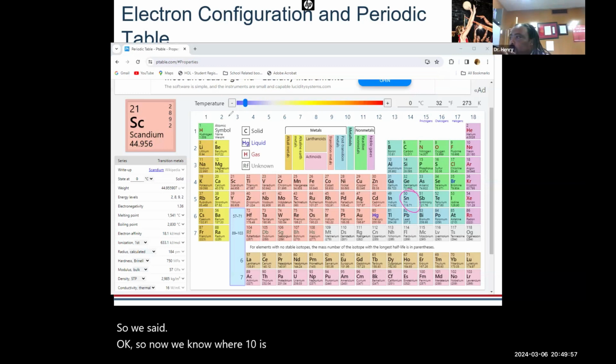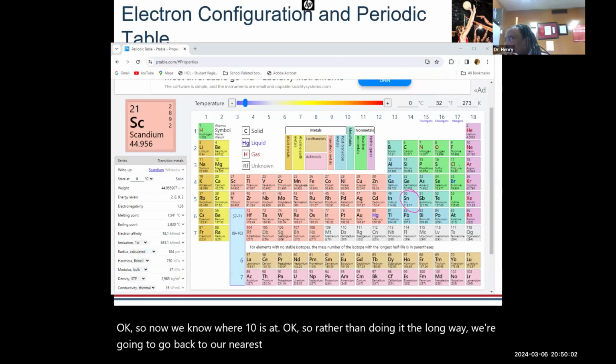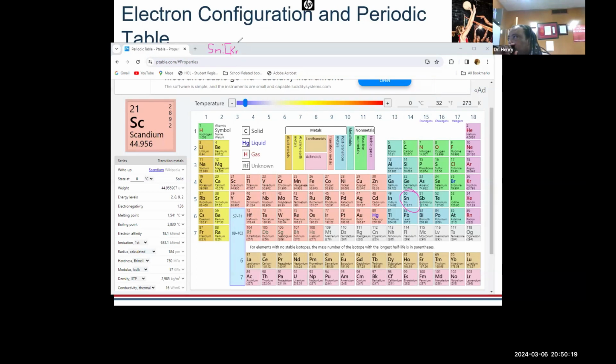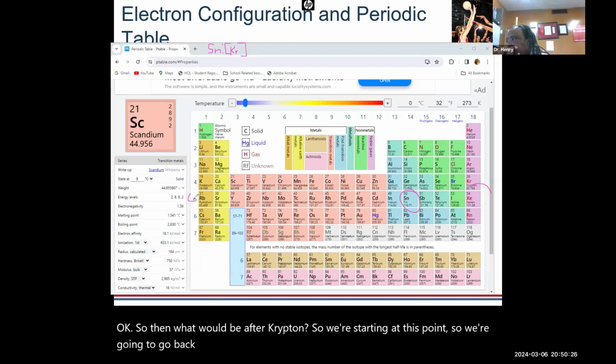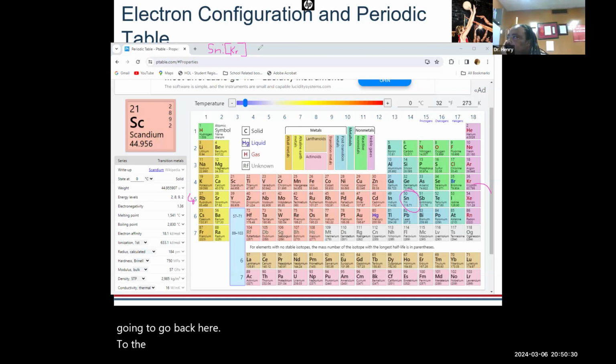Rather than doing it the long way, we're going to go back to our nearest noble gas. That would be krypton. So then what would be after krypton? We're starting at this point. We're going to go back here to the 5. So what would be next?